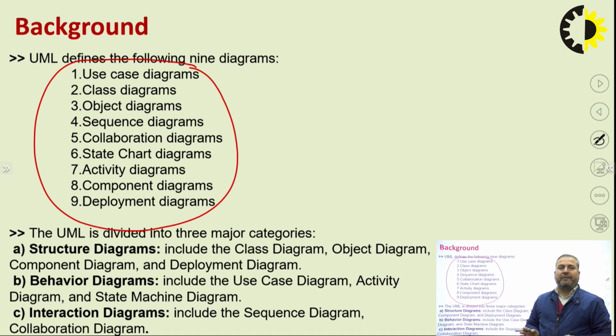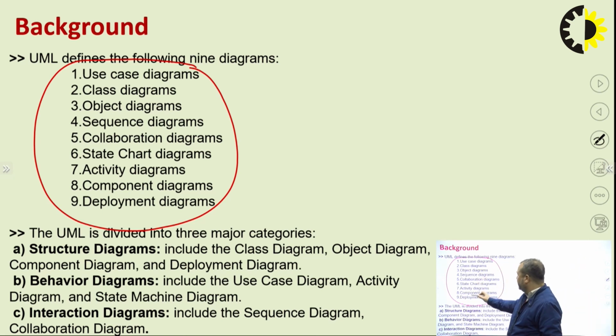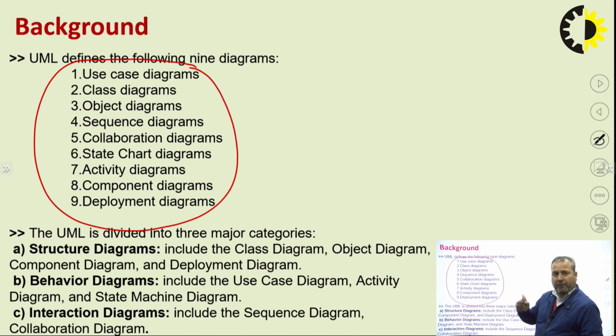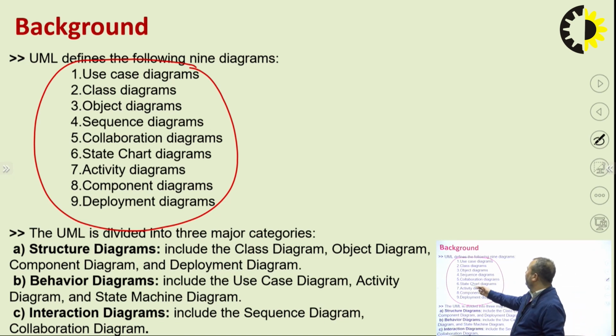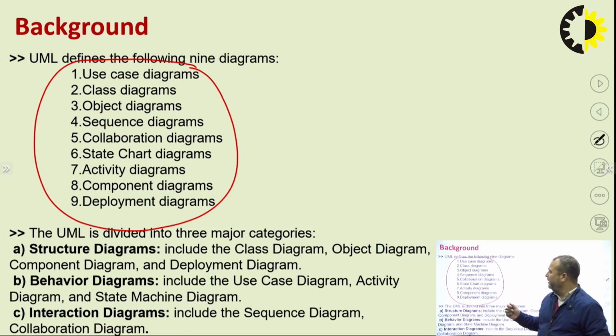The whole activity of a software system, from feasibility study, requirement analysis, coding, and all that, we can represent by using these diagrams. If you want to model all the analysis, we can do it by these diagrams, and there are some standard graphical notations for that.